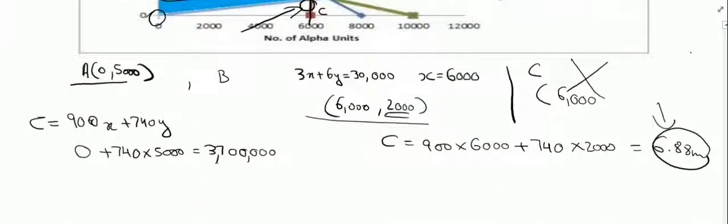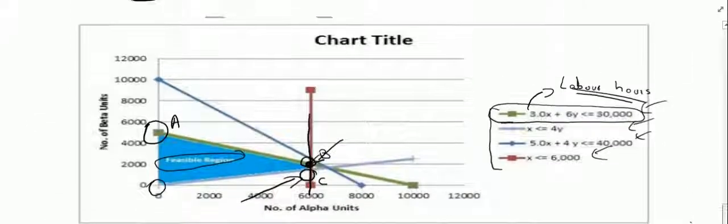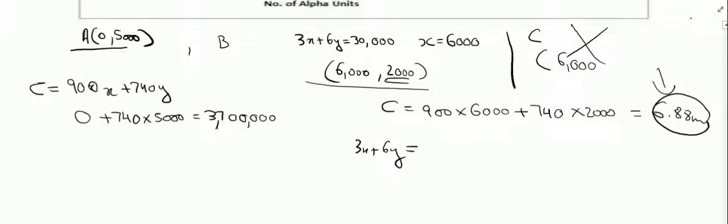If you want to prove, let's prove it. The equation for the labor hours is 3x plus 6y equals 30,000. And since I am maximizing my profit, I am producing 6,000 units of x and 2,000 units of y.